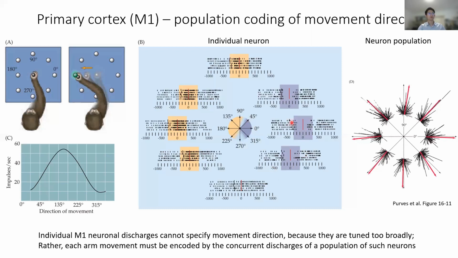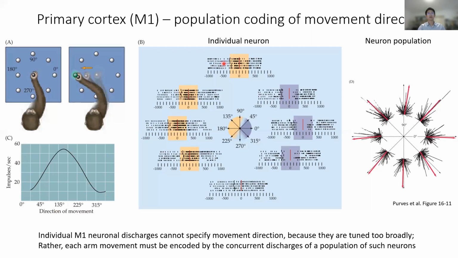Then we can plot a curve. The x-axis is the movement direction, and the y-axis is how strong the neural activity is. For this neuron, at 135 degrees we have the maximum activation, while in the other directions the activation is less.